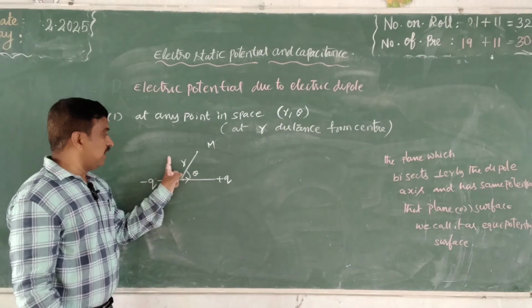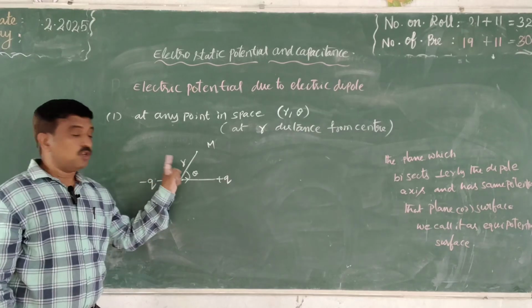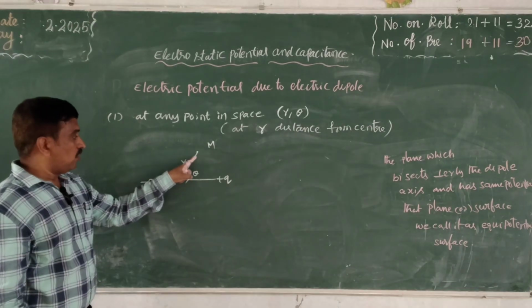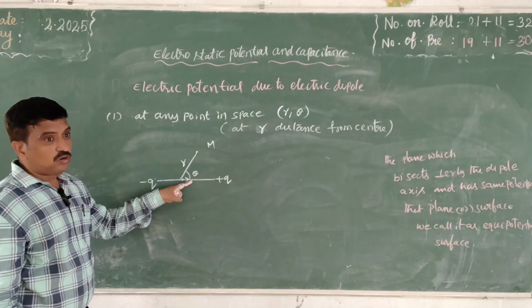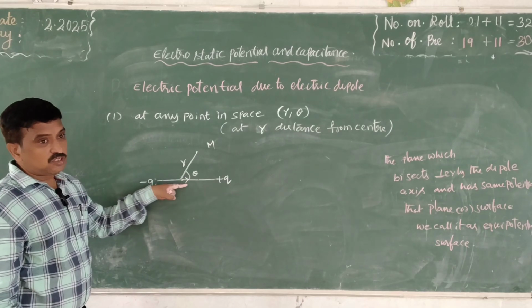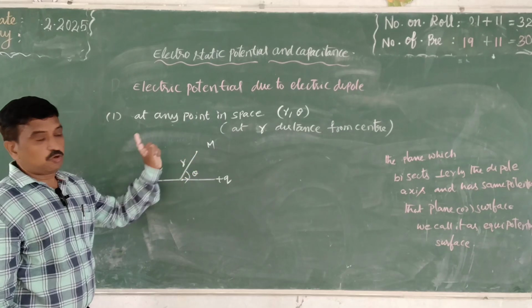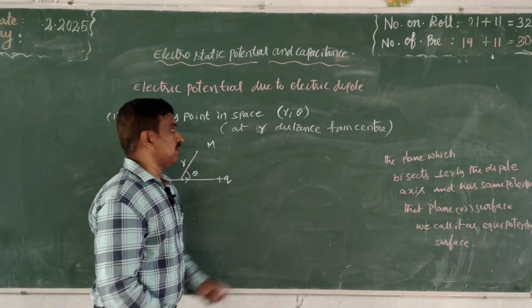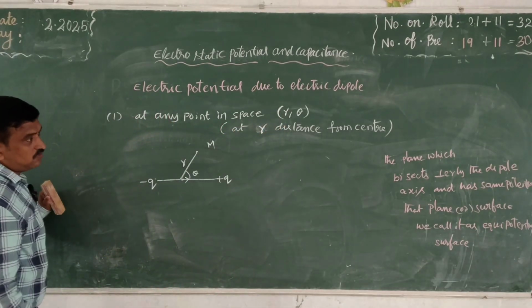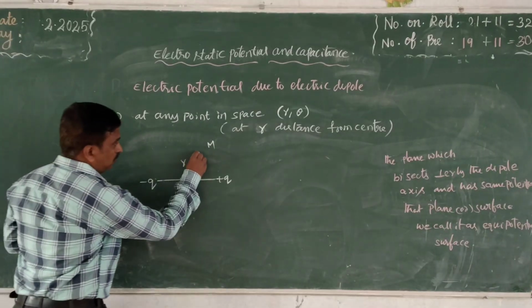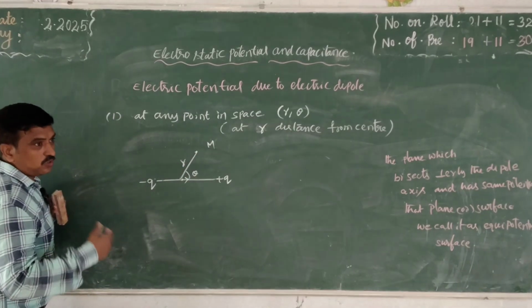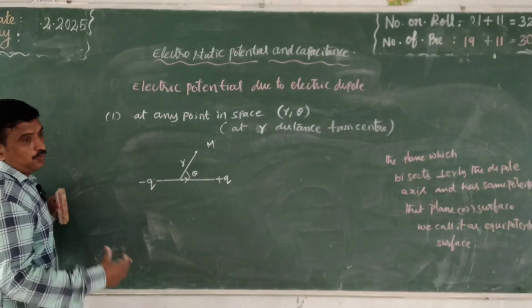So r is the radius or distance, and theta is the angle made by the direction of the electric dipole moment and the distance r from a particular point. That is r comma theta, at r distance from the center. We find the electric potential at this point due to the electric dipole.